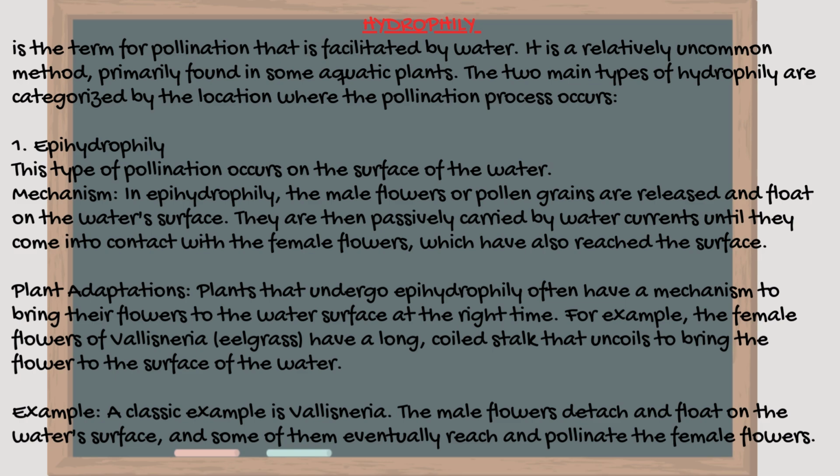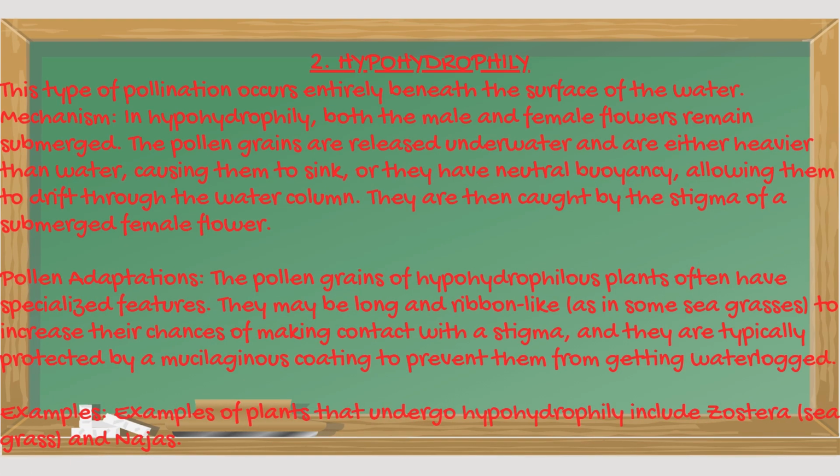For example, the female flowers of eelgrass have a long coiled stalk that uncoils to bring the flower to the surface of the water. A classic example is eelgrass. The male flowers detach and float on the water surface, and some of them eventually reach and pollinate the female flowers.